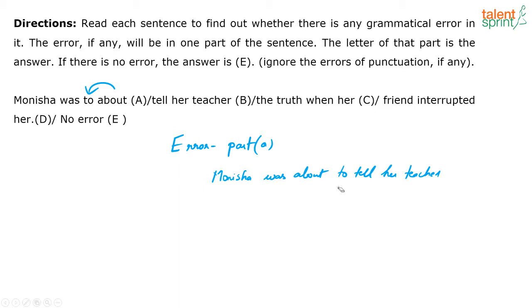So Monisha was about, and if the sentence construction is like that, someone was about to do something, and in our context it is she wanted to tell her teacher the truth when her friend interrupted her at that time, right? So this is an error pertaining to word order. Nothing is wrong with part B. Was about to tell her teacher, right? So here tell brings in the meaning of she wants to inform her teacher.